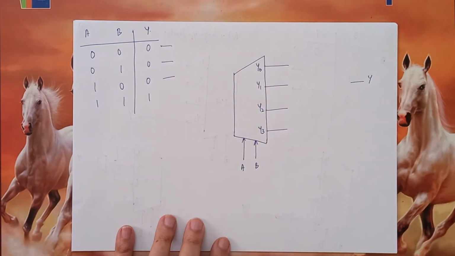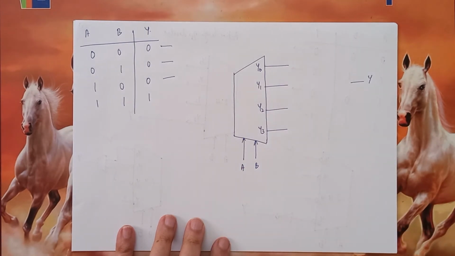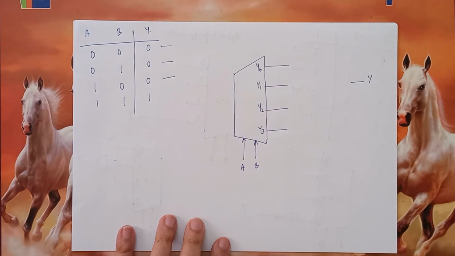So therefore now the question is, which gate should I use to combine y0, y1 and y2 such that when even a single one of these three becomes 1, the output will be 0?